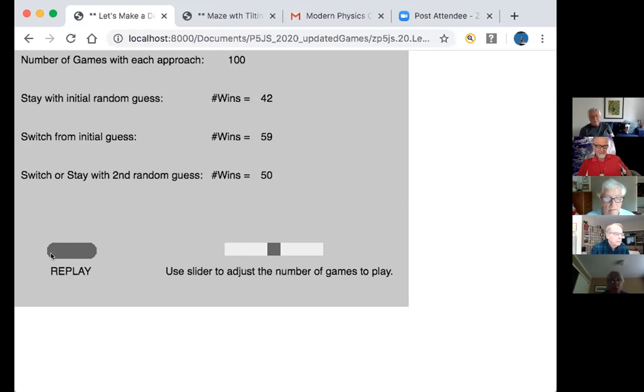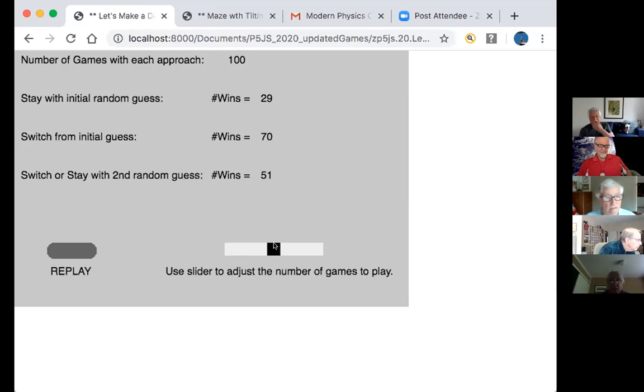Now, if we do 100, this is where it starts getting interesting, because now the person with the initial random guess, they stay, you can start to see what kind of numbers they have. 30, 31, 30, 30, 41. The ones who are switching, they're getting up to 68, 74, 75. And the one who flips the coin, just like one's intuition says, you're going to win about half the time. You're either stay or switch, but you're not making a decision based on anything other than flipping the coin.